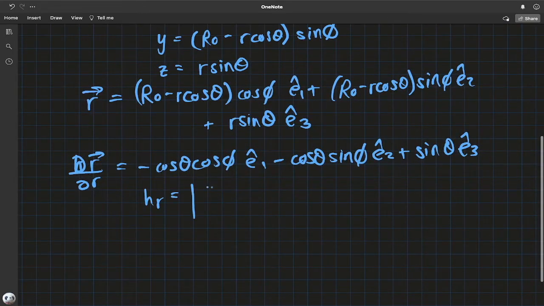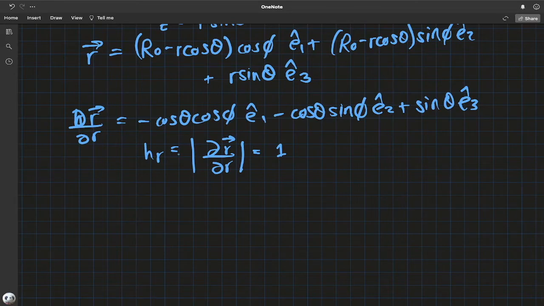H sub r scaling factor is just going to be 1, just like in the case of the spherical system.